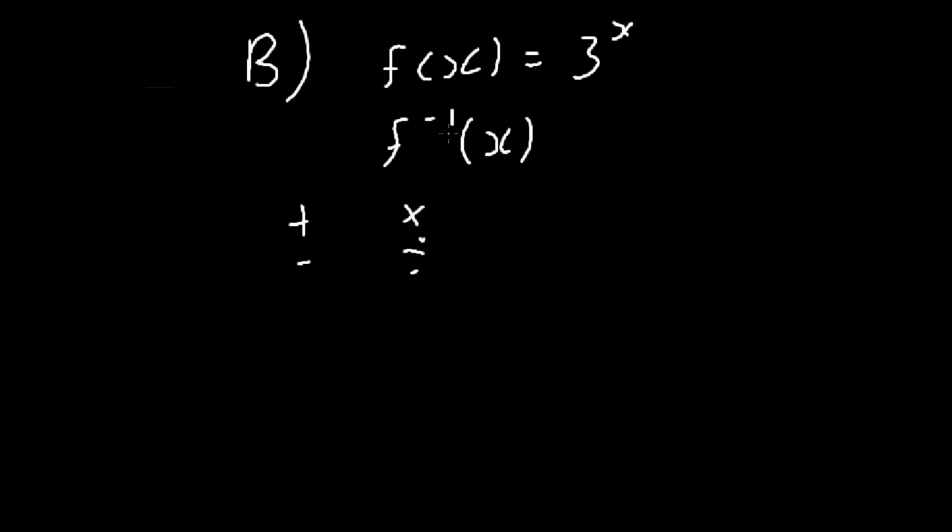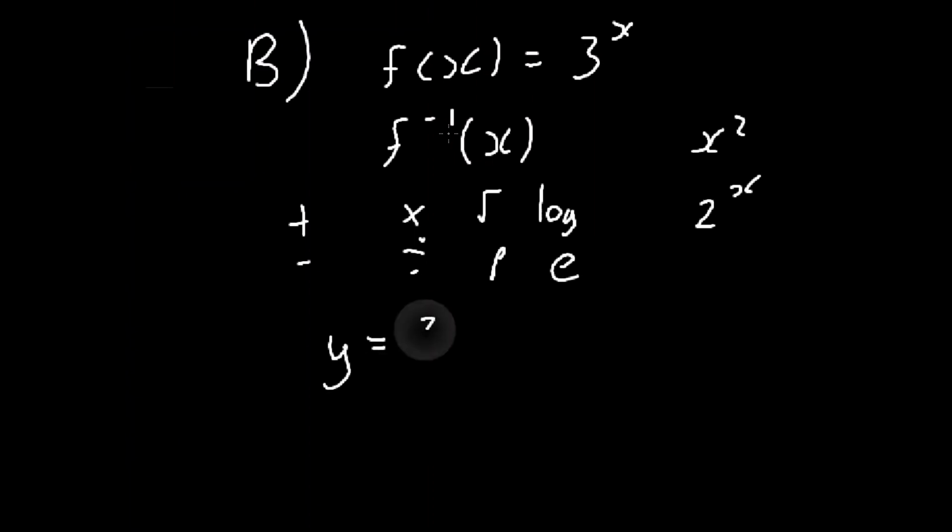If you have something like x to the power of 2, then we've got the square root and the powers. In this case, we're saying a number to the power of x, so we've got the exponential, and also the log or natural logarithm.